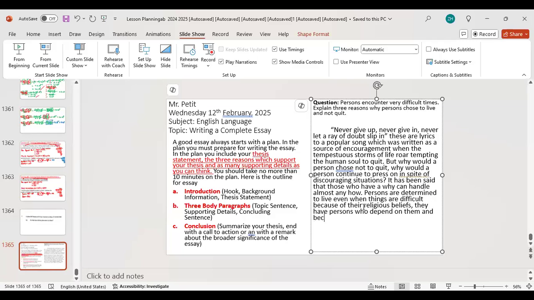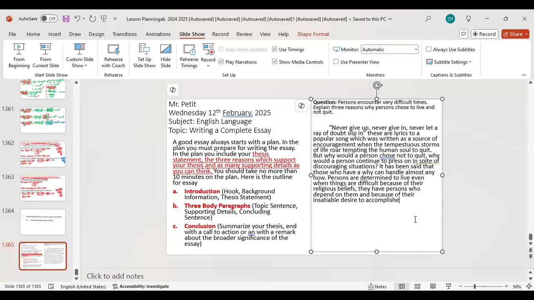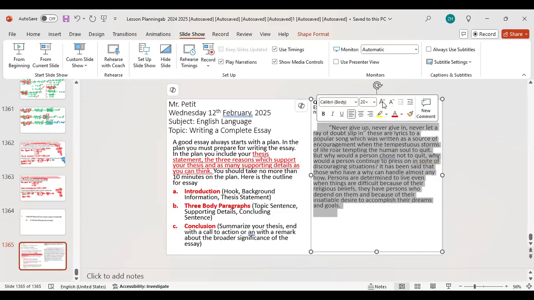And because of their insatiable desire to accomplish their dreams and goals.